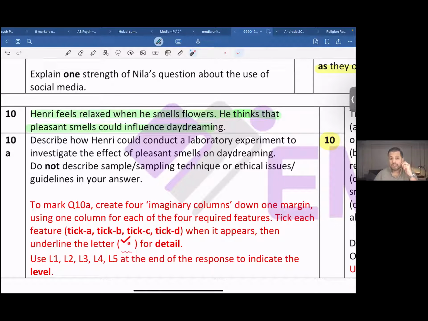So, for experiments, an experiment has to have an IV and a DV, one. Number two, if it's an experiment, you need to know the experimental design. Number three, what type of an experiment is it? Number four, the amount of control, and so on and so forth. Write down at least 3 to 4 characteristics for each.